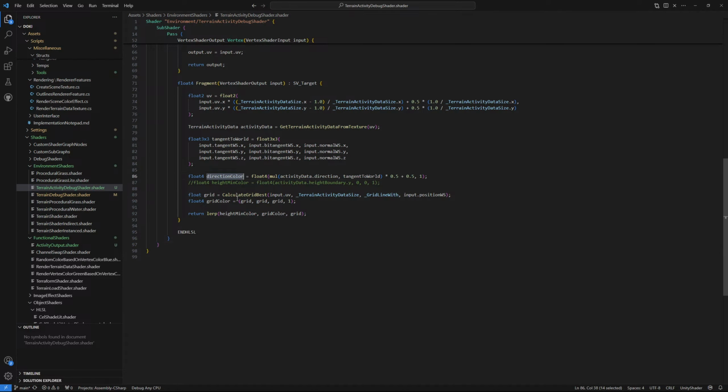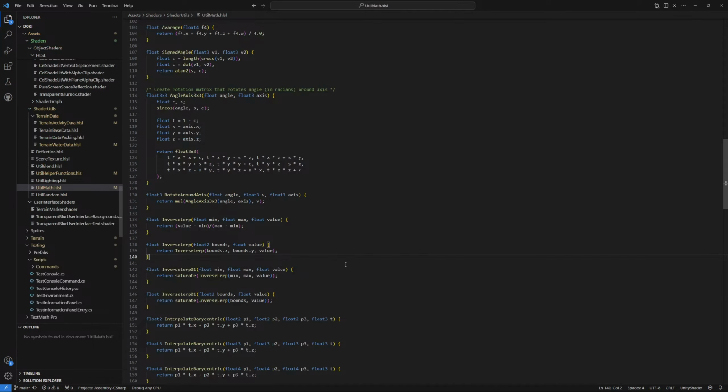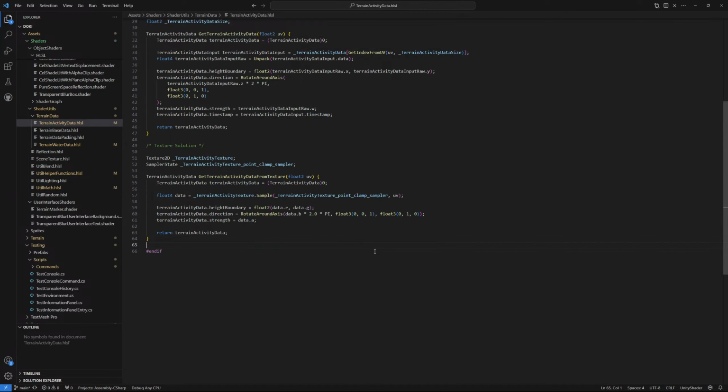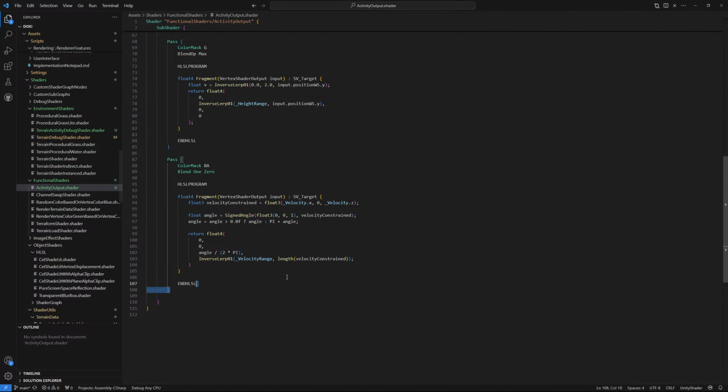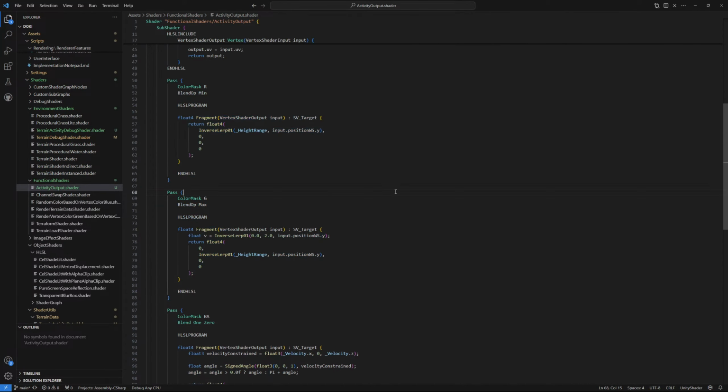So direction color. Okay, let's see if this works now. So we should output this, this, and this.